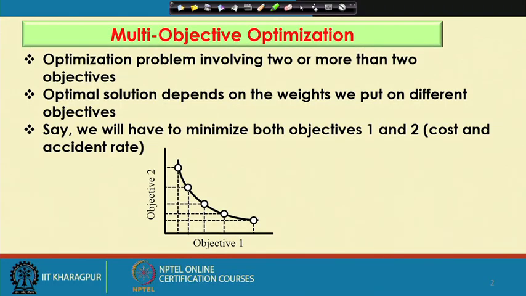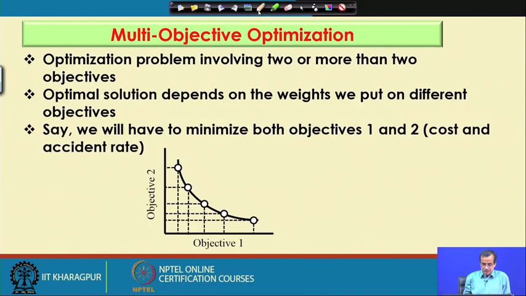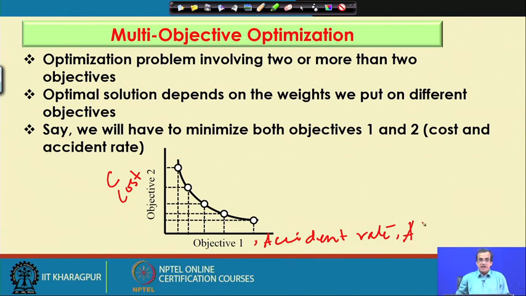If I consider this two objective optimization problem, supposing that I plot the first objective, that is the accident rate, and the second objective is the cost of a car. The aim is to minimize both the cost as well as the accident rate. Supposing the cost is denoted by C and the accident rate is denoted by A.